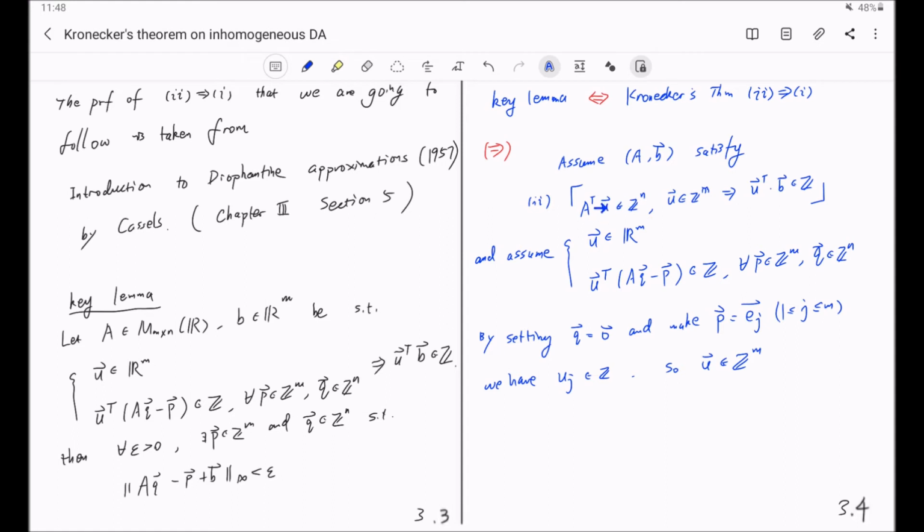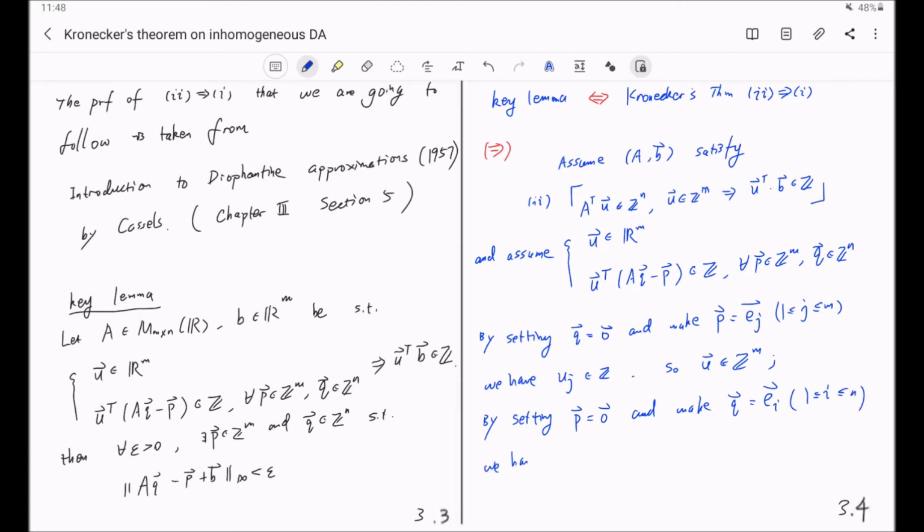For this part, we use the same trick by setting p equal to 0 and making q equal to ei, where i is from 1 to n.